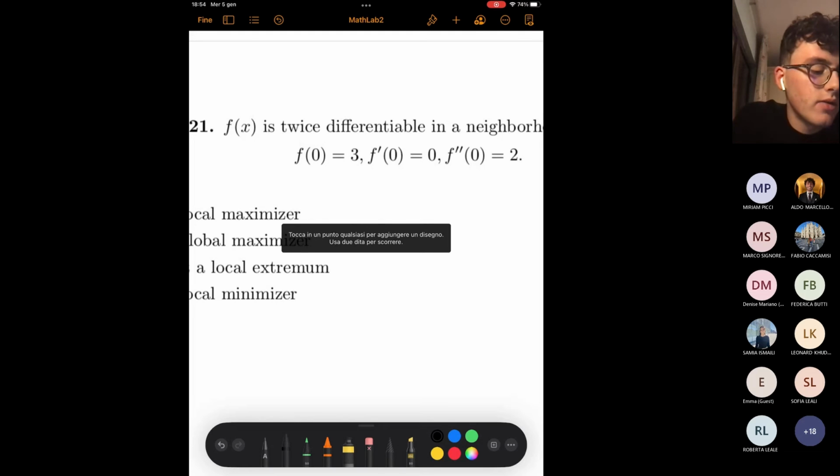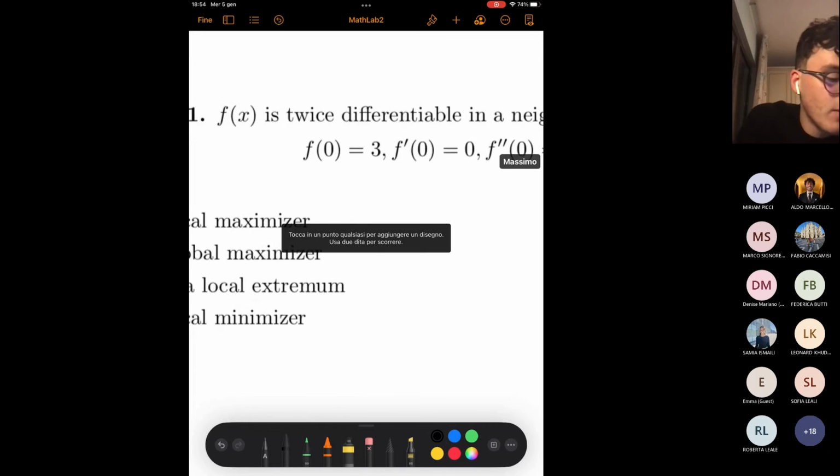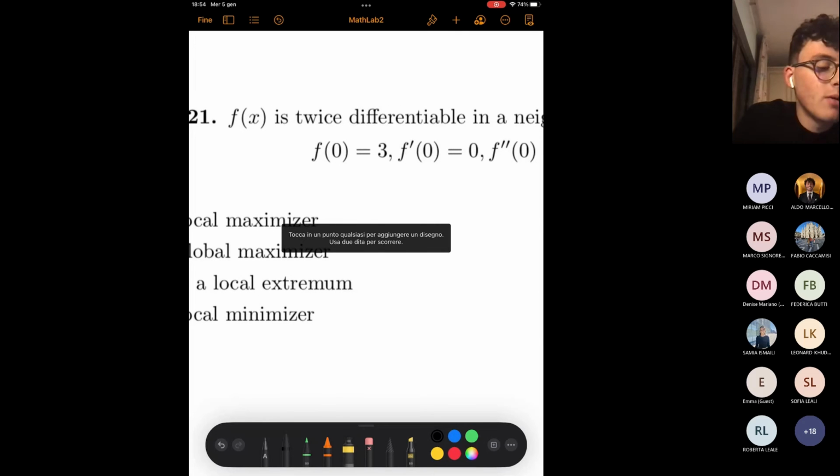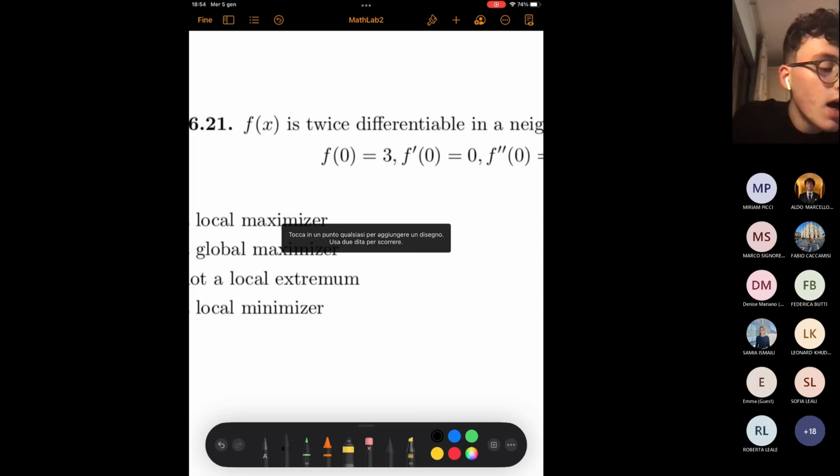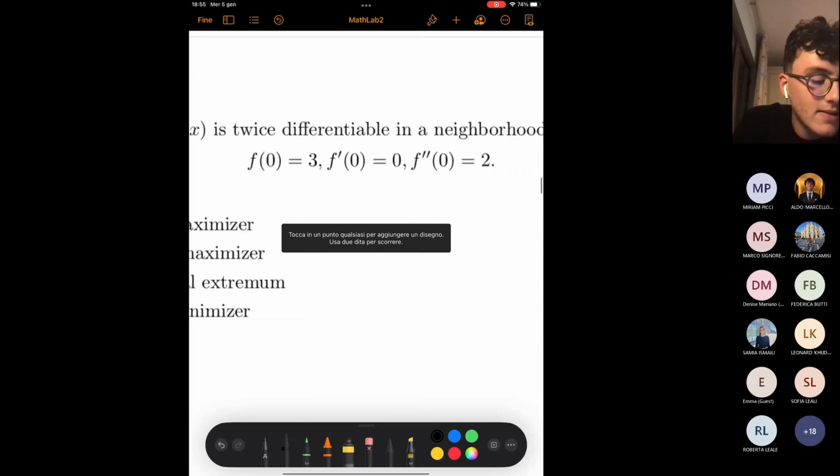If f prime is less than 0, the function is decreasing. But in this case, f prime of x is exactly equal to 0, so we don't have any information about whether the function is increasing or decreasing.